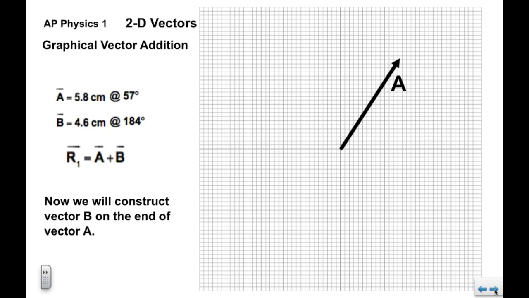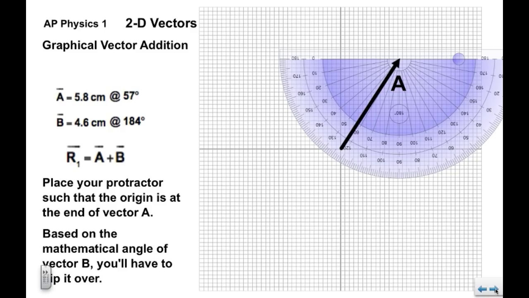Now I'm going to put vector B on the end of vector A. Okay, vector B is 4.6 centimeters at 184. So in order to measure 184 degrees, you'll recall that 184 degrees is in quadrant 3. So I need to flip the protractor over based on the fact that vector B is in quadrant 3.